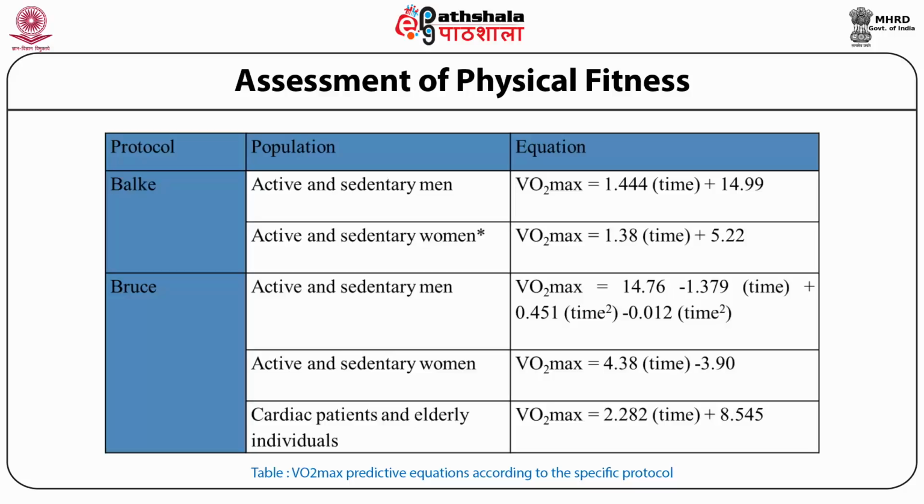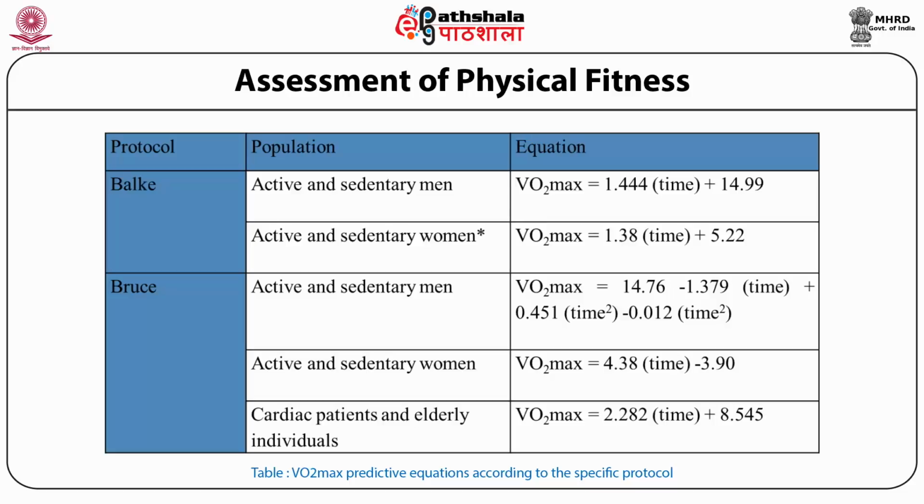For instance, as per the Balke protocol, the equation for active and sedentary men is VO2 max equal to 1.44 times time plus 14.99.